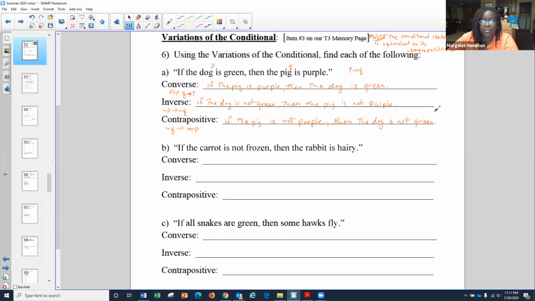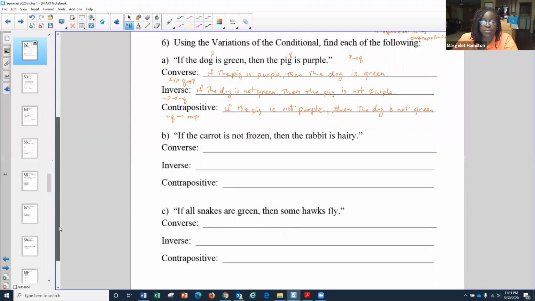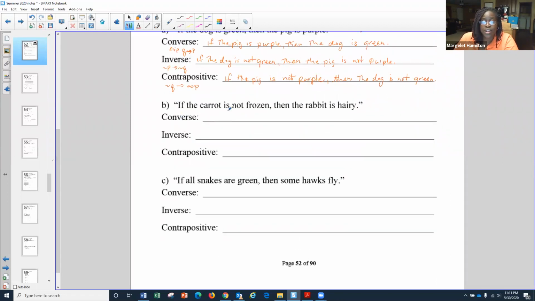All right. Okay, let's go ahead and we're rolling with it now. So it says, if the carrot is not frozen, then the rabbit is hairy. Now remember, you can make the first one your P, and then your second one your Q. Here you see that if the carrot is not frozen, you can make that your negation P as well.